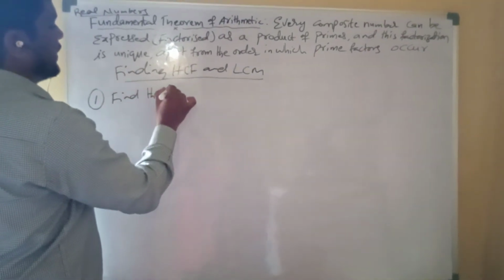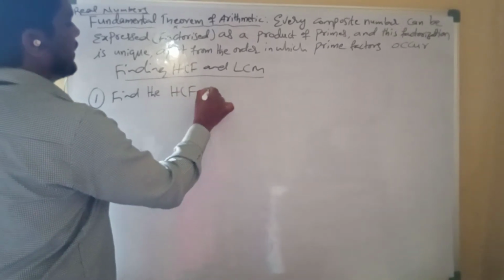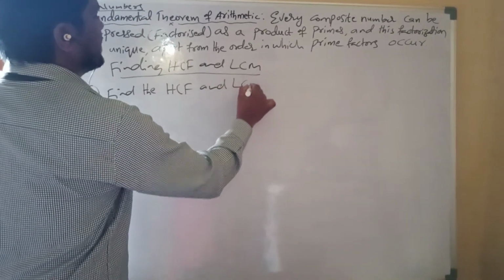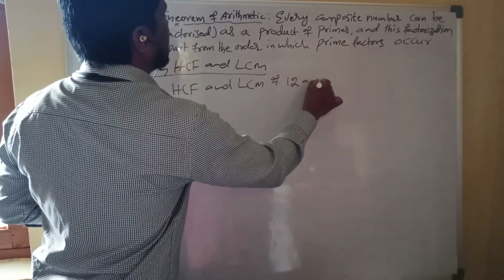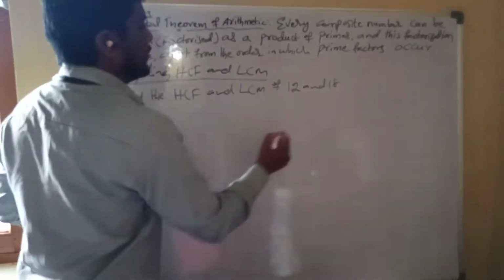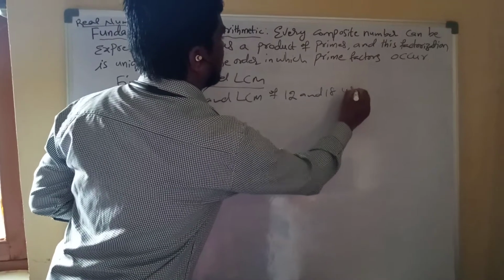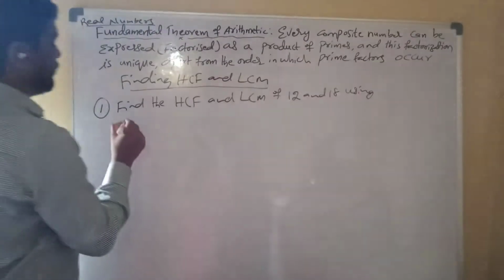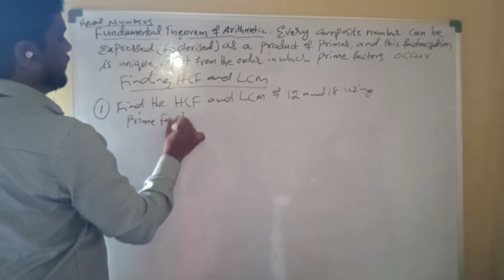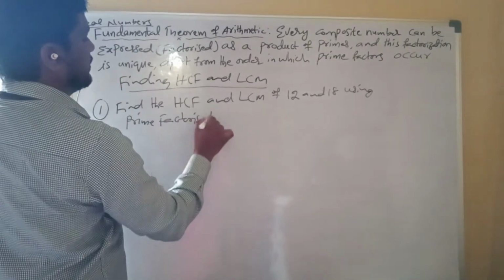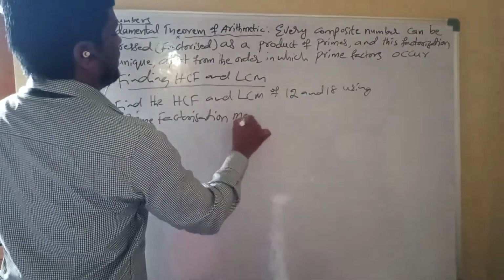Find the HCF and LCM of 12 and 18 using the prime factorization method.